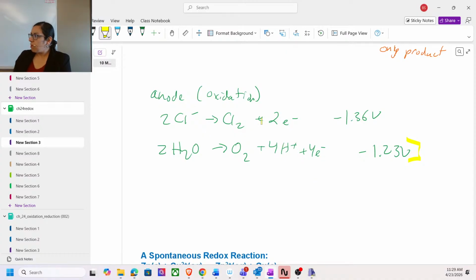So the fact that we're kind of saturating it with our ions is helping drive this reaction forward. You guys can let me know how it turns out in practice. But that's the quick and dirty of electrolysis.